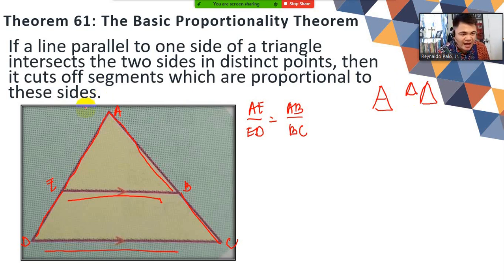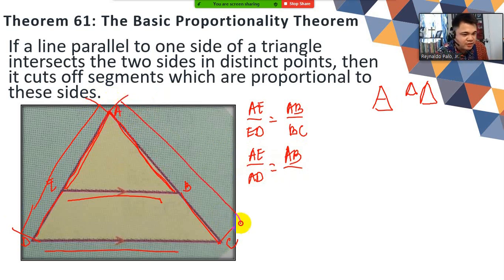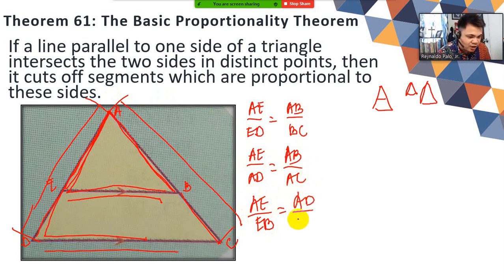Now we can have corresponding sides. Segment AE over the side of the bigger triangle, segment AD, equals the smaller triangle side AB over the segment of the bigger triangle, AC. That's the other proportion. Next we can use this one and this side: AE over EB equals the bigger one, AD over DC.